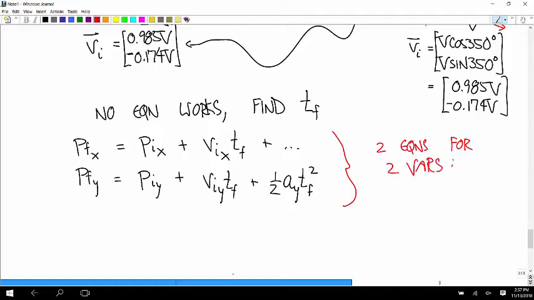The two variables are going to be time final and V. I'll call these equation star and double star.